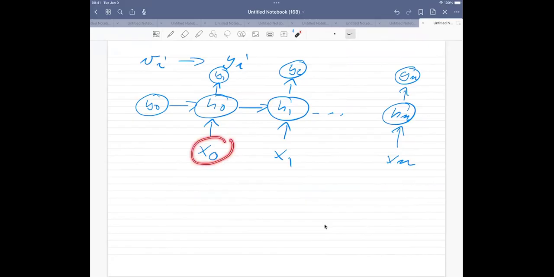Furthermore, these x's, which you can think of as an external input, are also going to have some biases and weights which are trained and connect x0 with h0. And then similarly, h0 produces an output through an activation function, which also has some weights and biases which connect the output from the network.